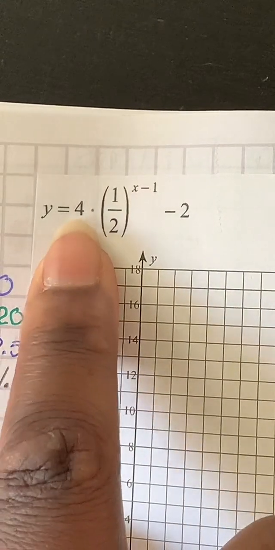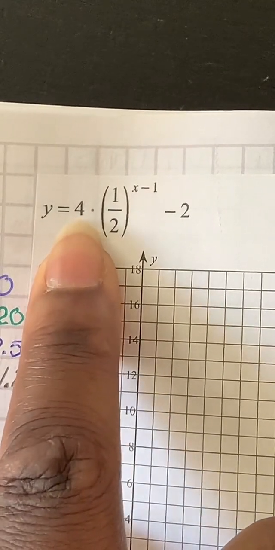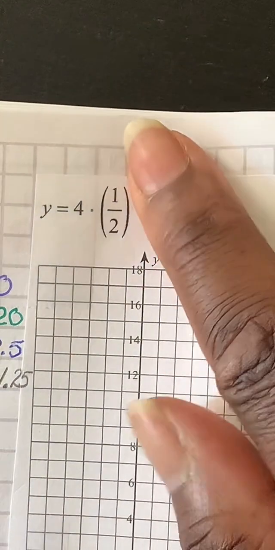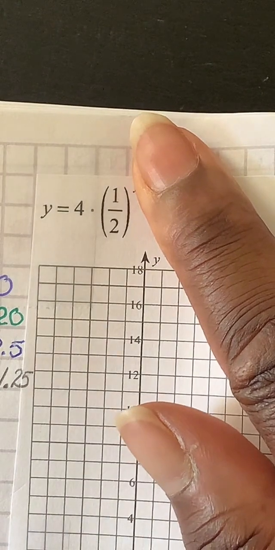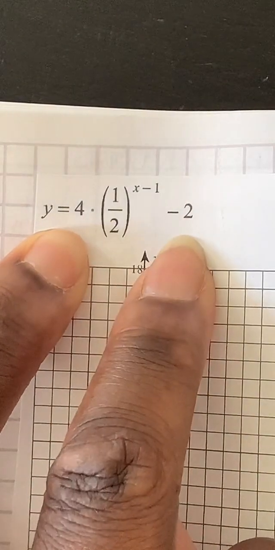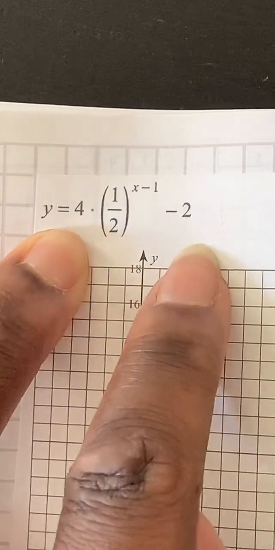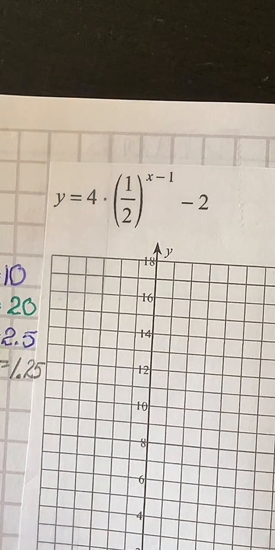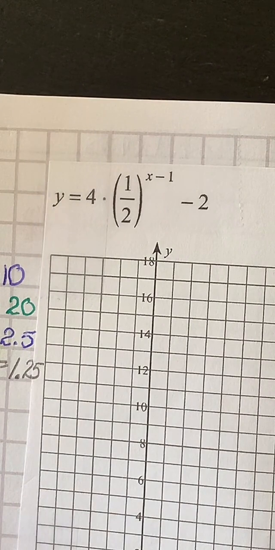So I can't say my y-intercept is going to be 4. It can't be because of this movement here. If that movement wasn't there, definitely my y-intercept is going to be 4. But because of this movement, we have to do the transformation to find our point. Alrighty? Okay.